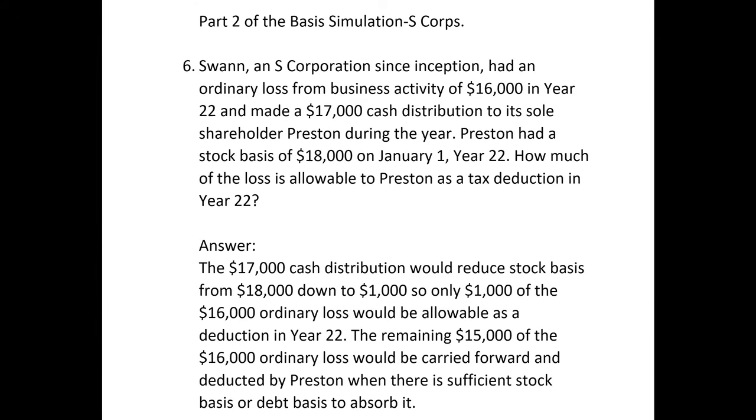And it's all about basis when you want to deduct a loss from a pass-through entity. So the $17,000 cash distribution, that would reduce his stock basis from $18,000 down to $1,000. So only $1,000 of the $16,000 ordinary loss will be allowable as a deduction in year 22.